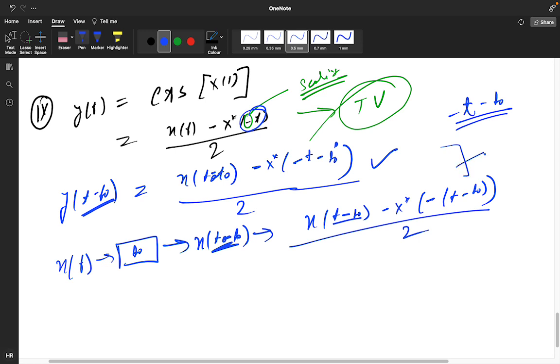So these two are not the same because of the scaling. So whenever the scaling is there, you can directly say the system is time variant.